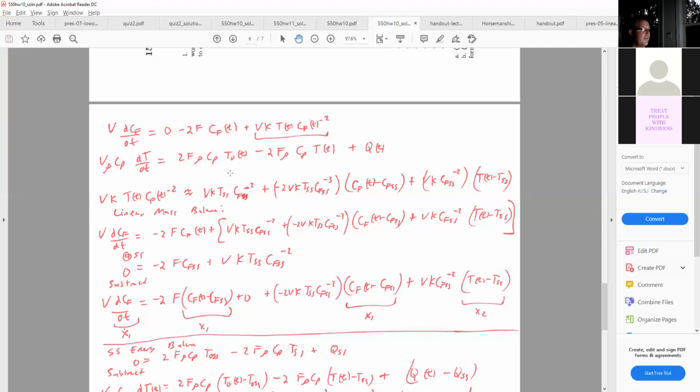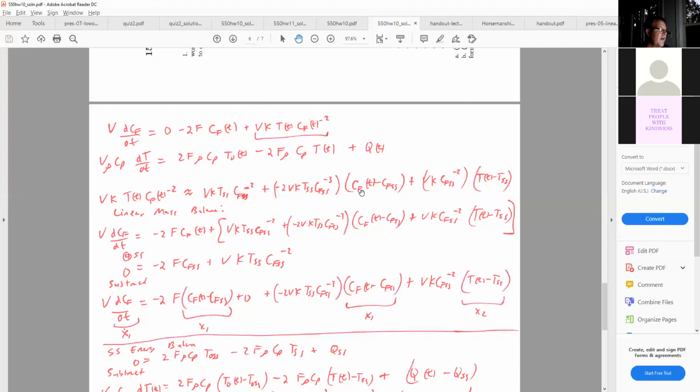And again, if you're a visual person, we've got this nonlinear function of two variables in 3D space. It's like a nonlinear surface. Reaction rate is the z-axis, T and CF are the x and y. This is a tangent plane, not a tangent line.